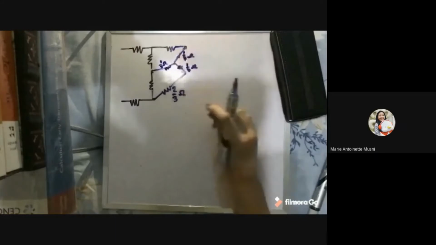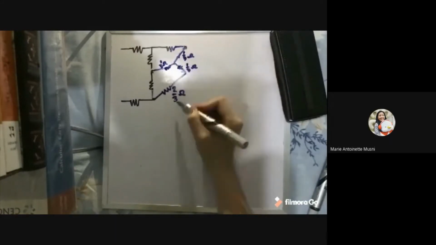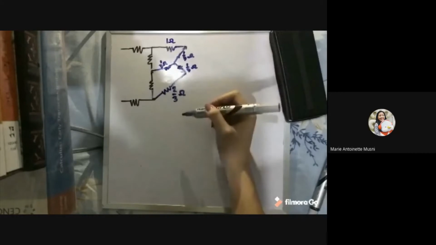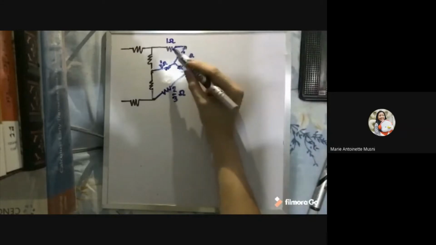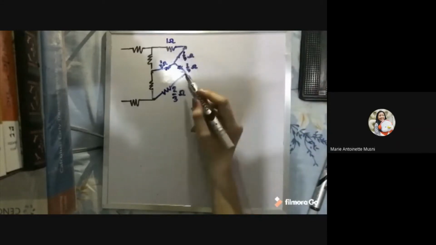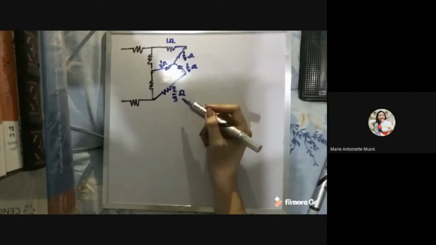Okay, so you can see that these two resistors, and this is a 1 ohm resistor, are connected in series. So you can combine these two to get a sum of 1/3 plus 1, which is 4/3 ohms. And for these 1/3 plus 2/3 ohm resistors, we just get a sum of 1 ohm.